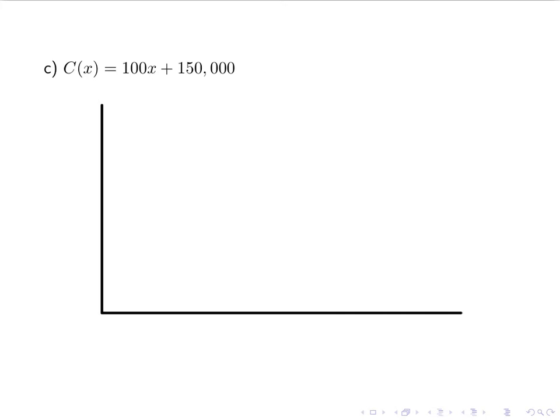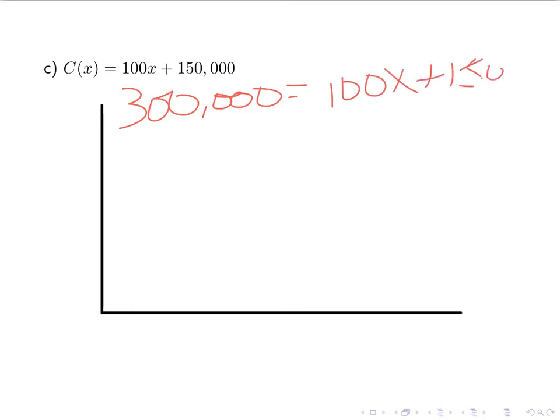C of x equals 100x plus 150,000. So again, I'm going to plot my y-intercept, and I'm going to double my y-intercept and put that for C. So in that case, I have 300,000 equals 100x plus 150,000.